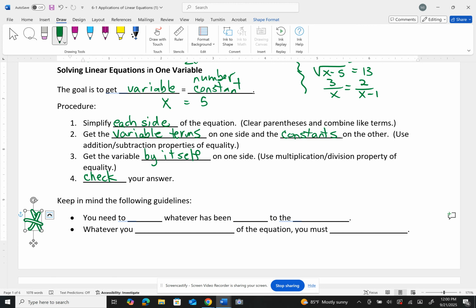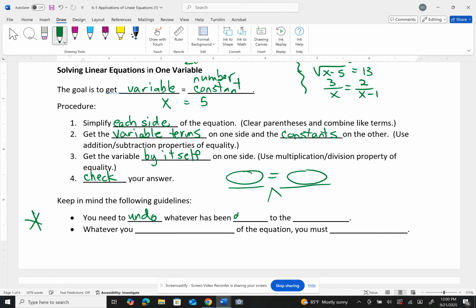All right, so here's what's more important. Keep in mind that seesaw we had earlier, where we have two quantities that are equal to one another like this. And the fact that we have to make sure that whatever we do makes sense, okay? So you're going to wind up needing to undo whatever has been done to the variable.